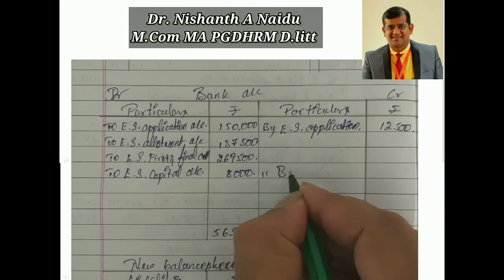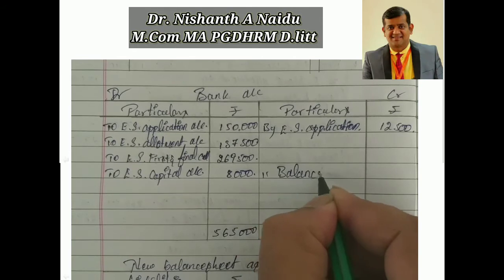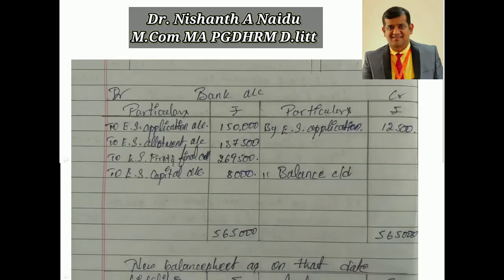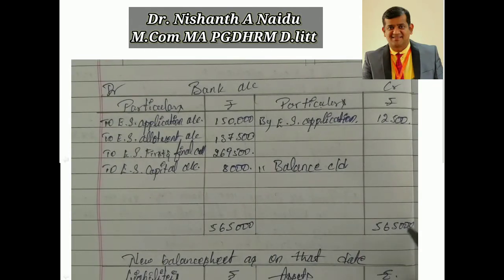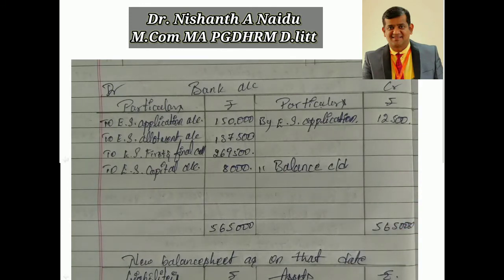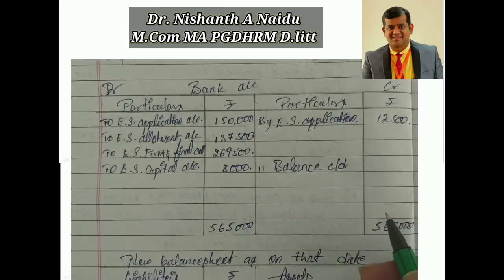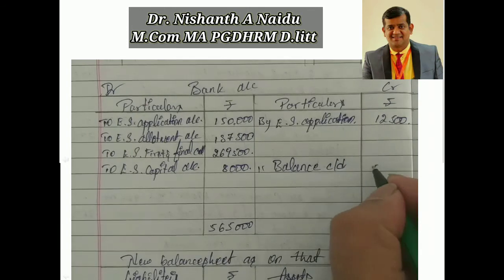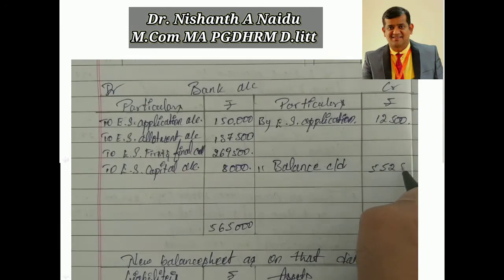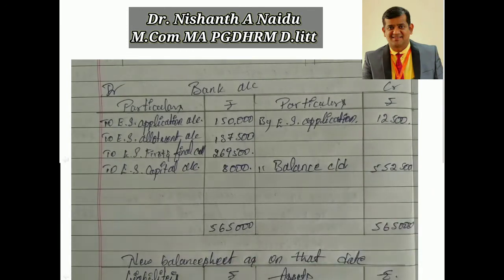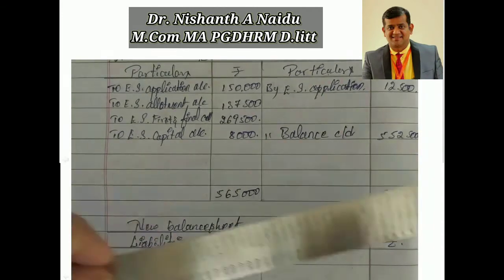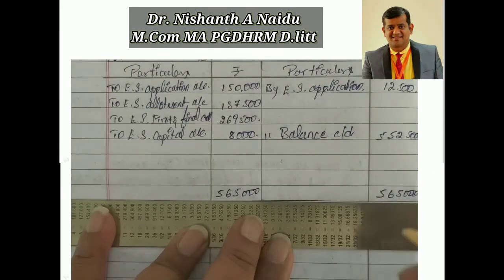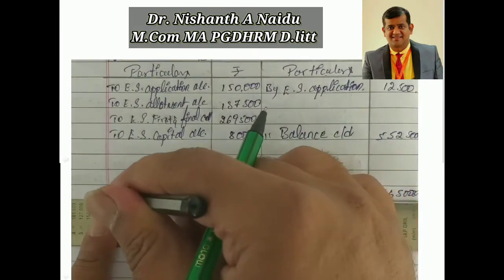Find out by balance carried down by deducting 5,65,000 minus 12,500, that comes to 5,52,500 in the bank. The cash left in the bank account. So close the bank account.